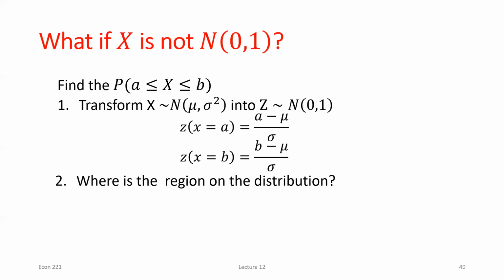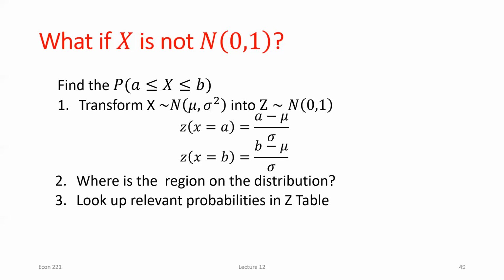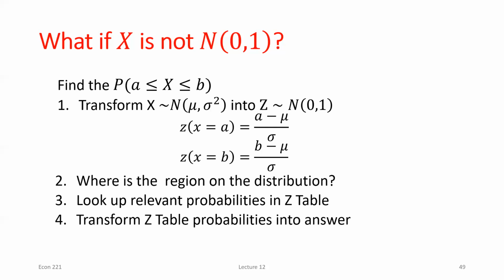After I look these probabilities up, I have a little more work to do, because once I have these two probabilities, I have to subtract the smaller one from the larger one. That's the last step. I might use different areas I looked up in the table to find what I actually want. As we work through more examples, we'll see why step 4 isn't always the same. It depends on what area we're looking for.